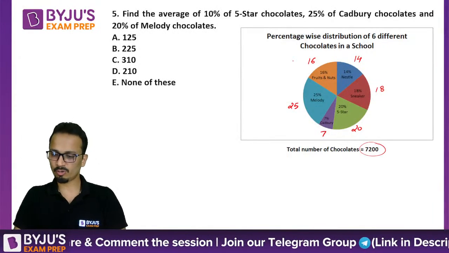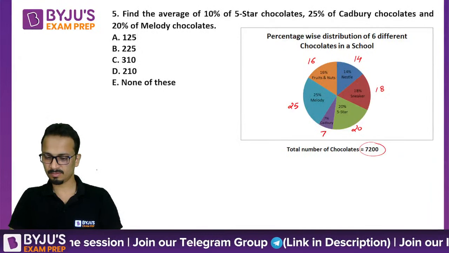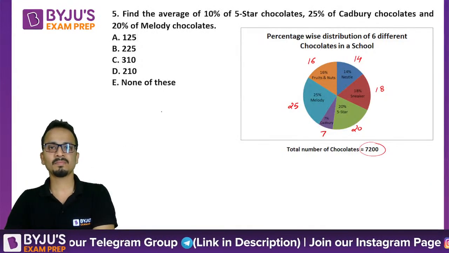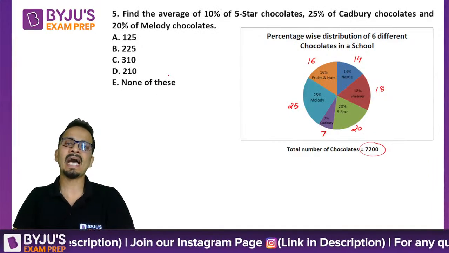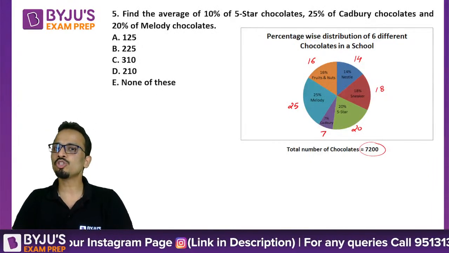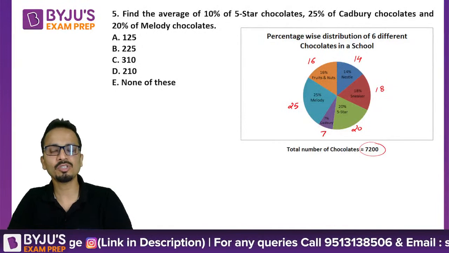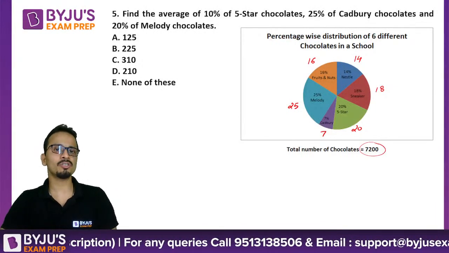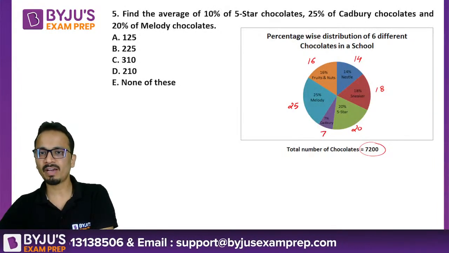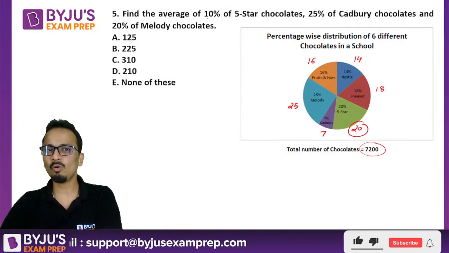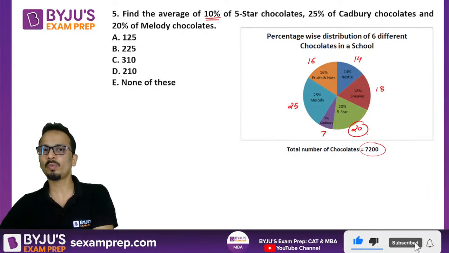All right. Now I've got the answer. Okay, so let us start with the calculation. The question says find the average of 10% of 5-star chocolates, 25% of Cadbury chocolates and 20% of Melody chocolates. So 5-star chocolates kitni hai yahan pe? 5-star is 20%. Now we need 10% of this 20%.